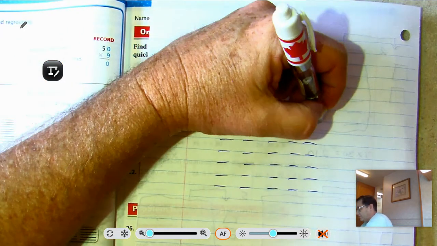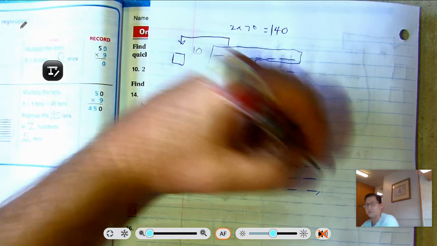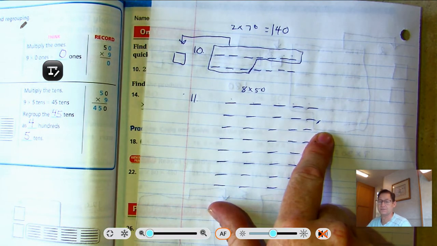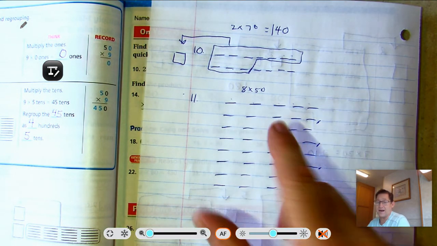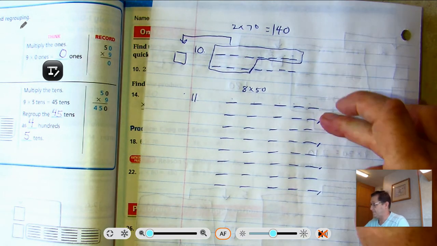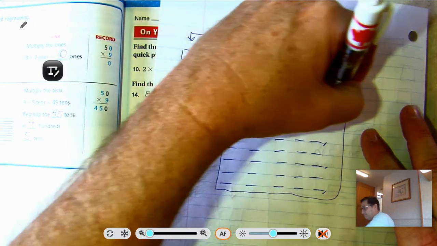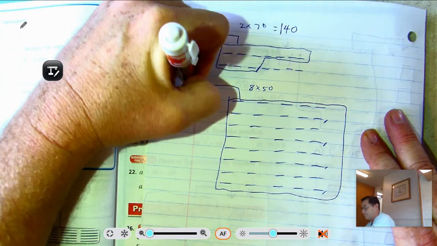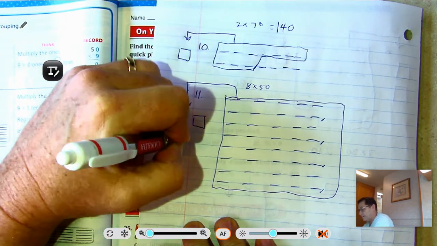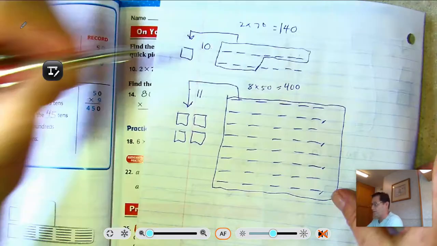So here's a group of 10. That means that's a group of 10, that's a group of 10, and that's a group of 10. How did I know that? Well, because there's 5 tens in each row. So 2 sets of 5 is 10. So we can actually circle all of them. We're going to circle them all and trade them for 4 hundreds. So 8 times 50 is 400.